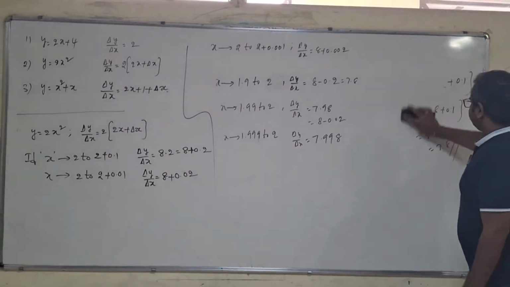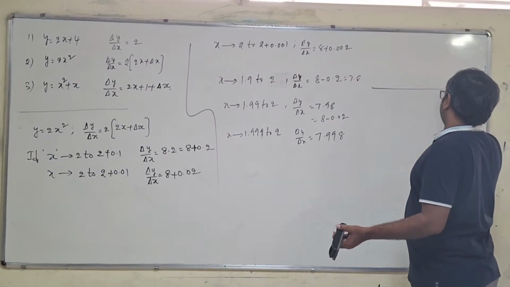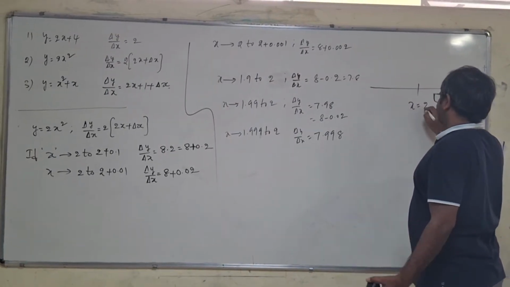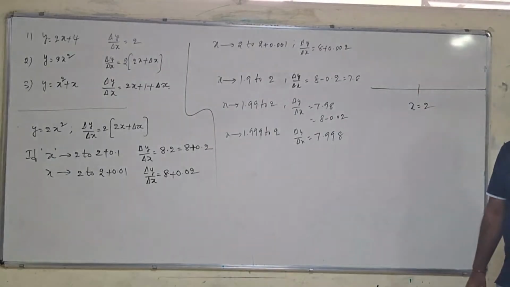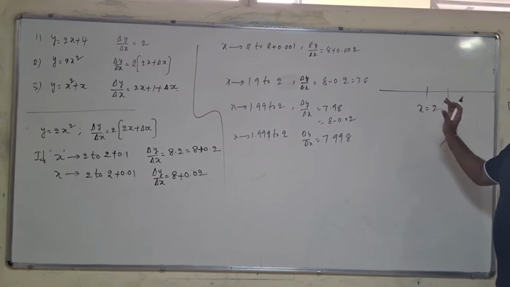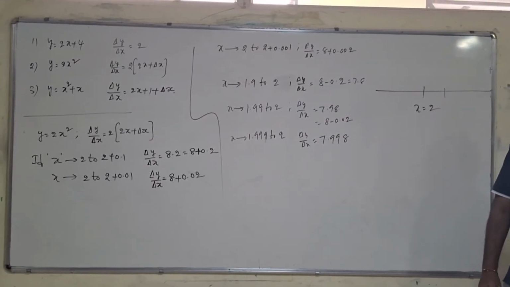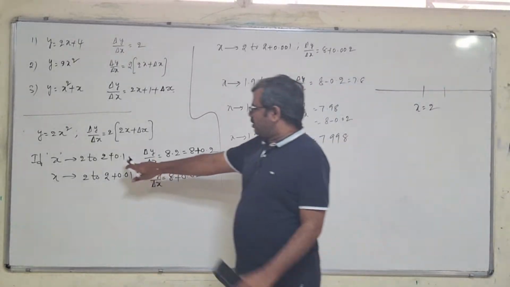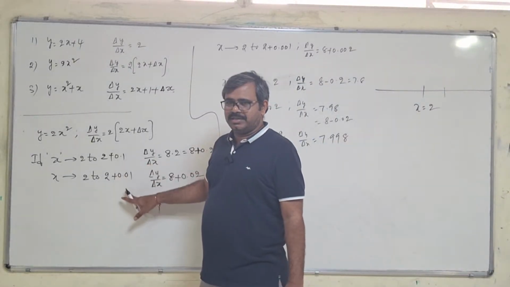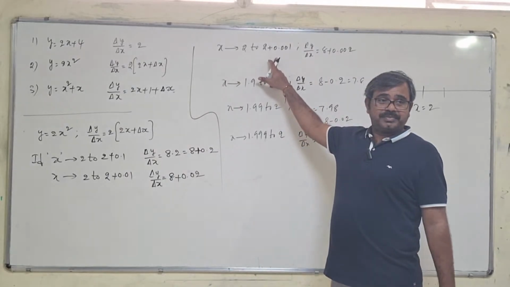So by looking at the pattern, you can understand that on the number line, if this is x is equal to 2, as the interval around 2 becomes smaller and smaller, here the interval is 0.1, here it is 0.01, here it is 0.001.